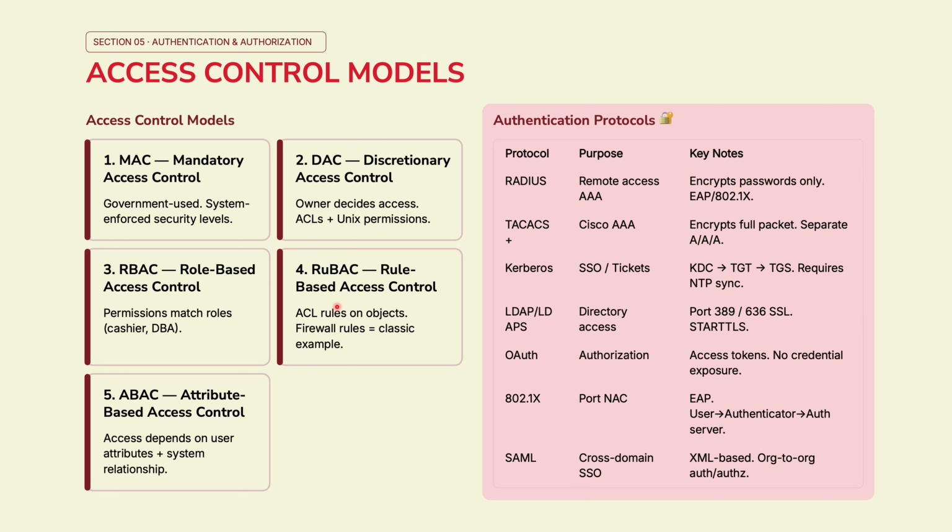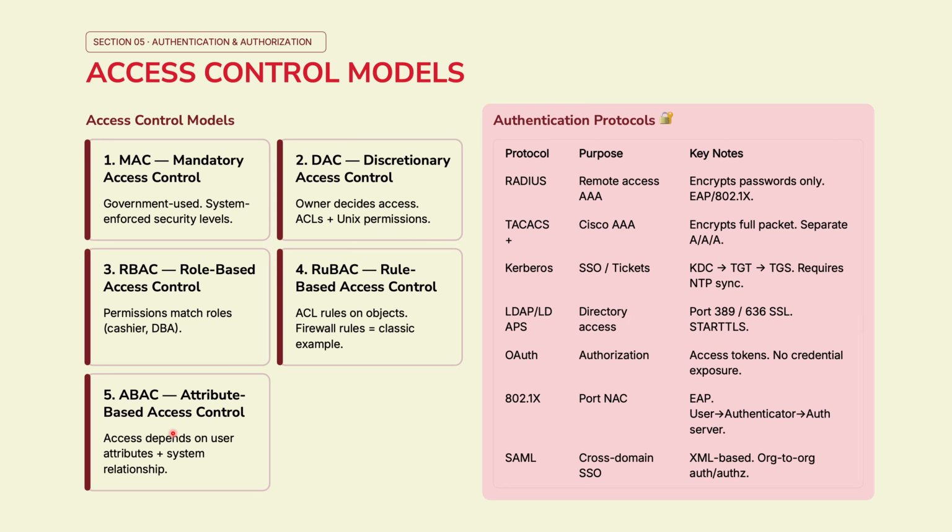Now, rule-based access control applies ACL rules to objects. For example, firewall rule sets are the classic example. Rules are processed top-down with an implicit deny all at the end.